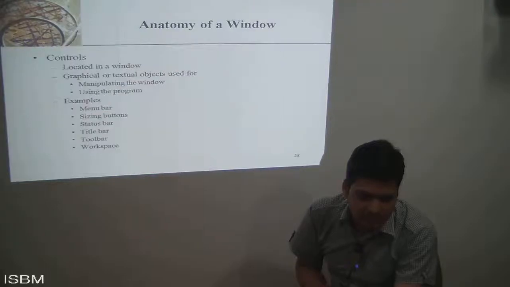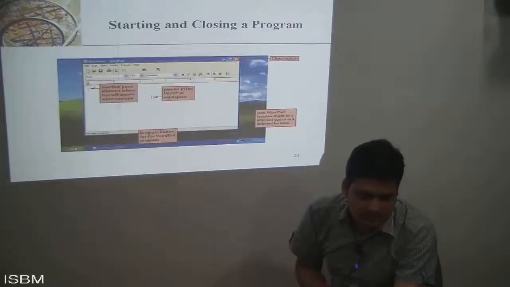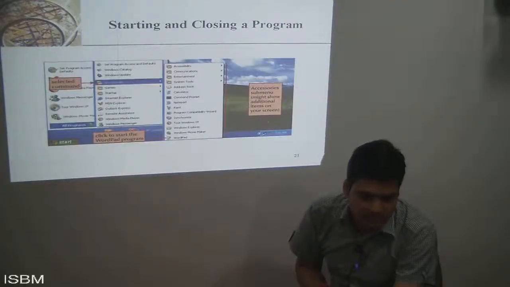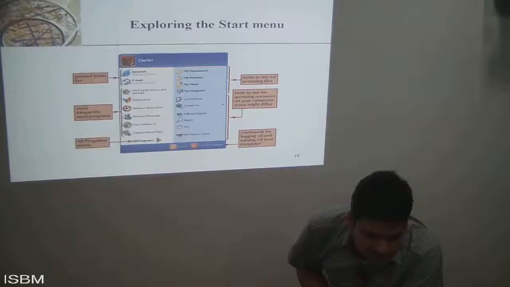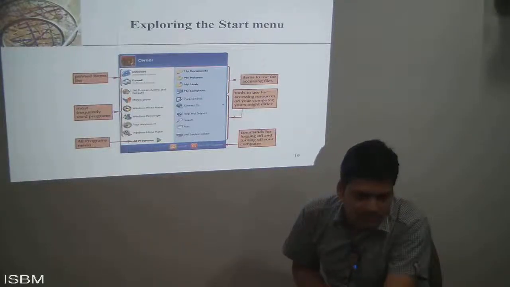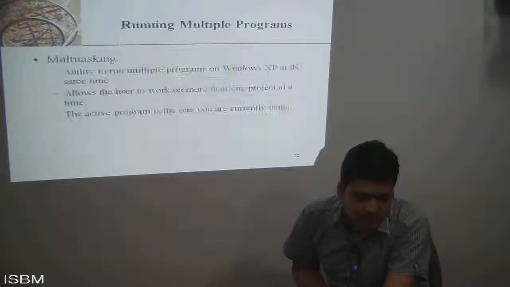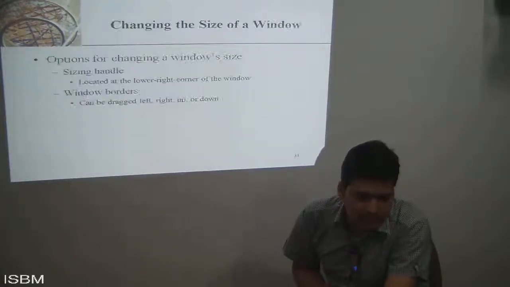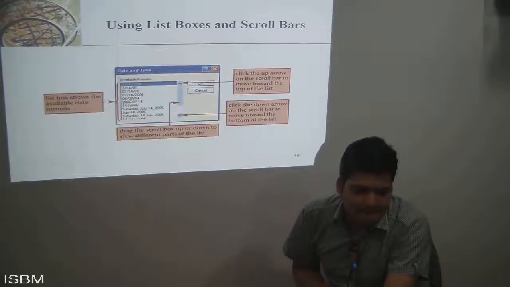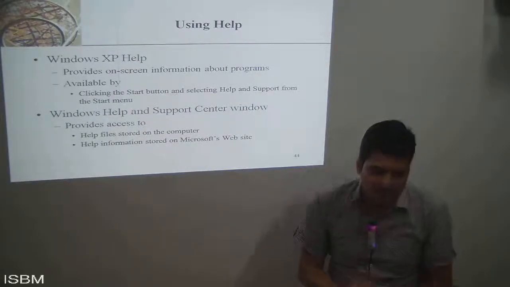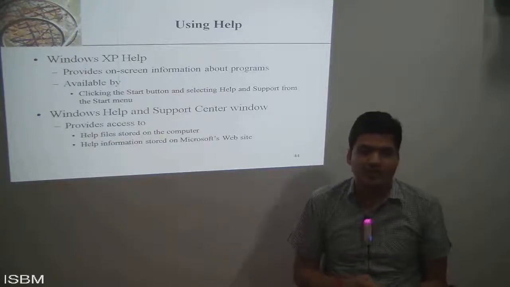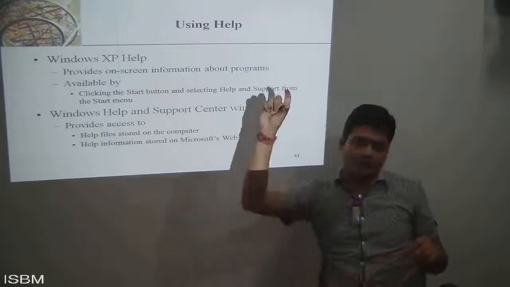I have to check it out. Is it showing over here or not? Not showing over here. Windows XP Help provides on-screen information about programs.